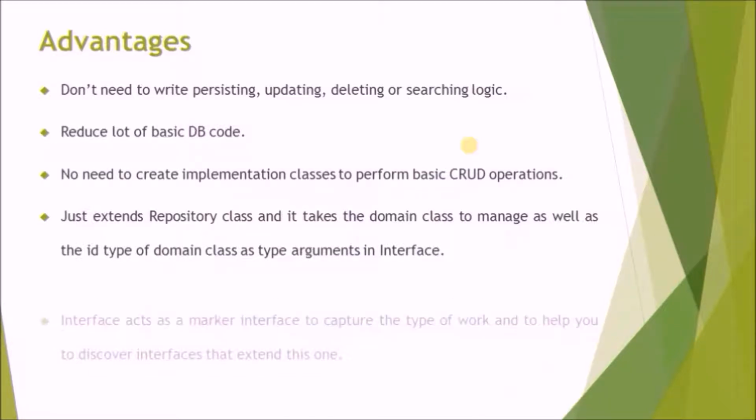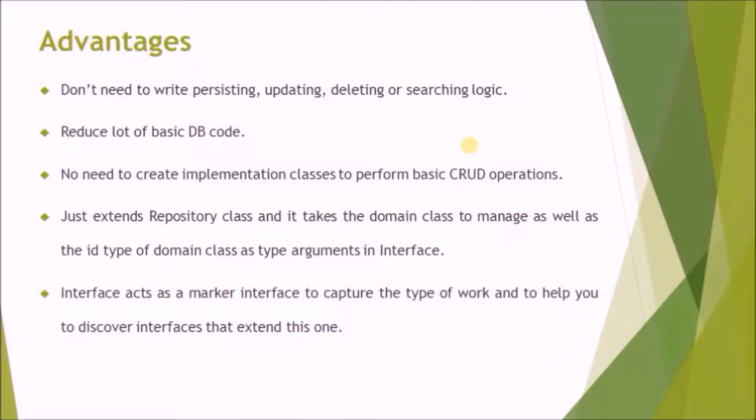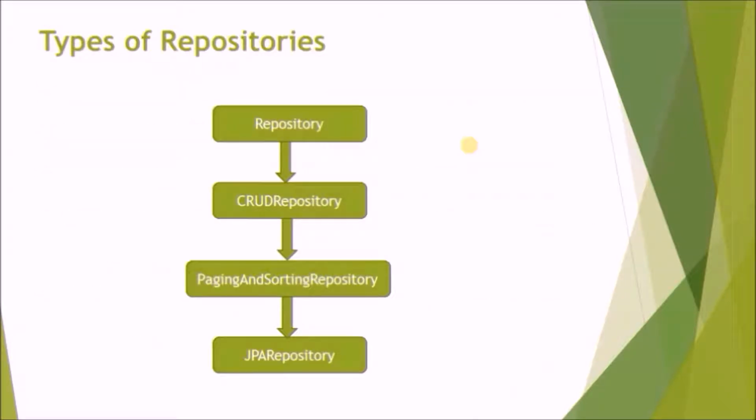The interface acts as a marker interface to capture the types to work with and to help you to discover interfaces that extend this one. Types of repositories: Repository, CrudRepository, PagingAndSortingRepository, JpaRepository.